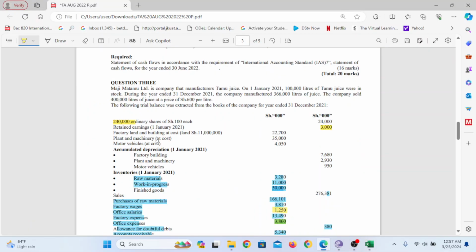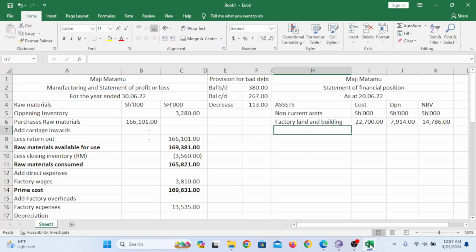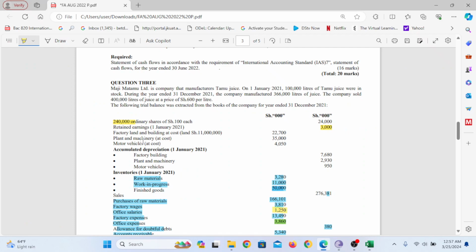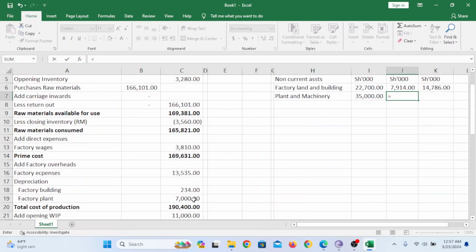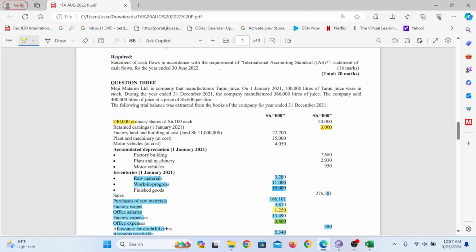Then the next item is plant and machinery. The cost of plant and machinery is 35,000, so bring in 35. Then the depreciation computed was 7 plus the provision in the trial balance for plant and machinery, 2930.